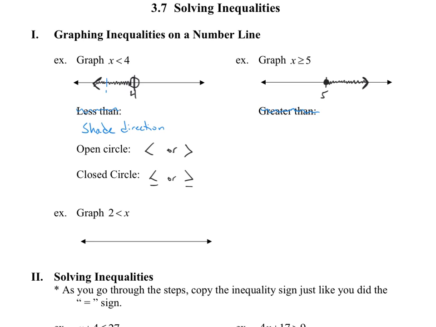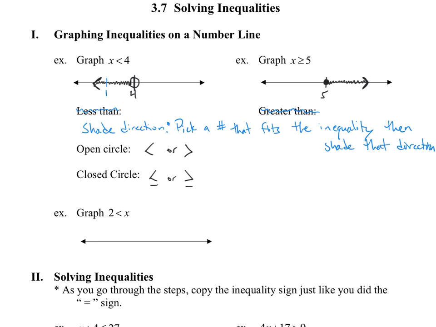So when you do your shade direction, pick a number that fits the inequality, then shade that direction. The number 1 fits that, so I'm going to shade towards the number 1.